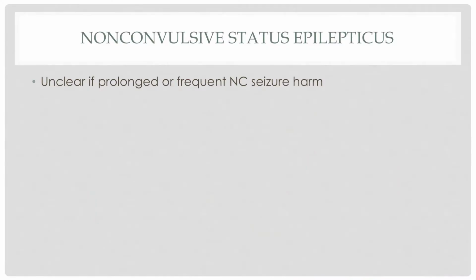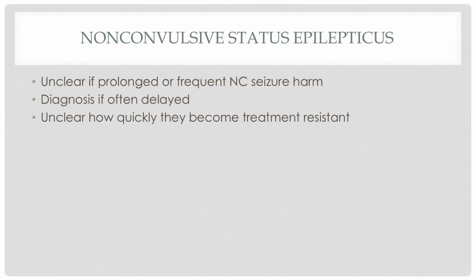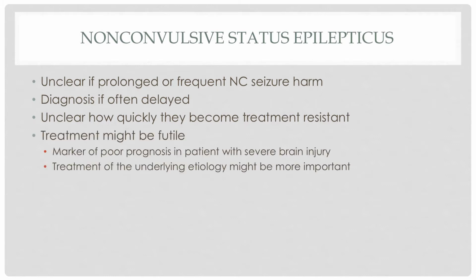to stop it. Because the seizure might have been ongoing for several days, and we only find out when you get the EEG. In fact, in some instances, the treatment might be futile because the non-convulsive status is not the primary process, but the result of the ongoing injury in the brain.